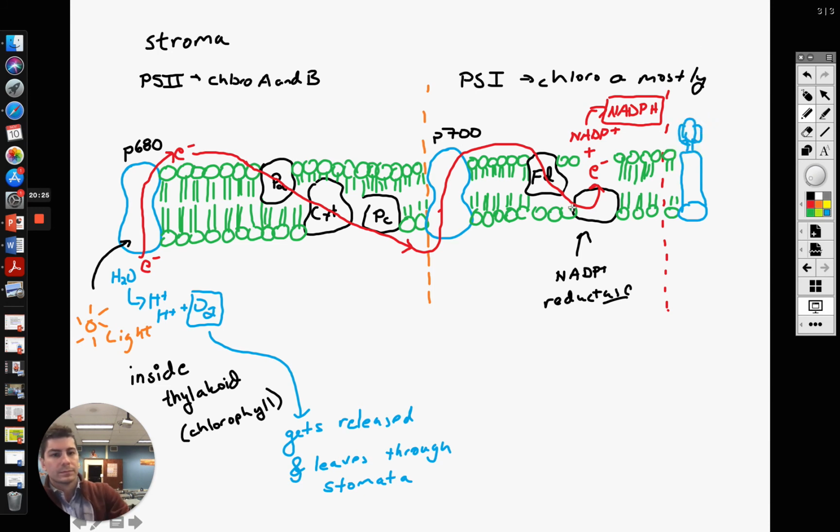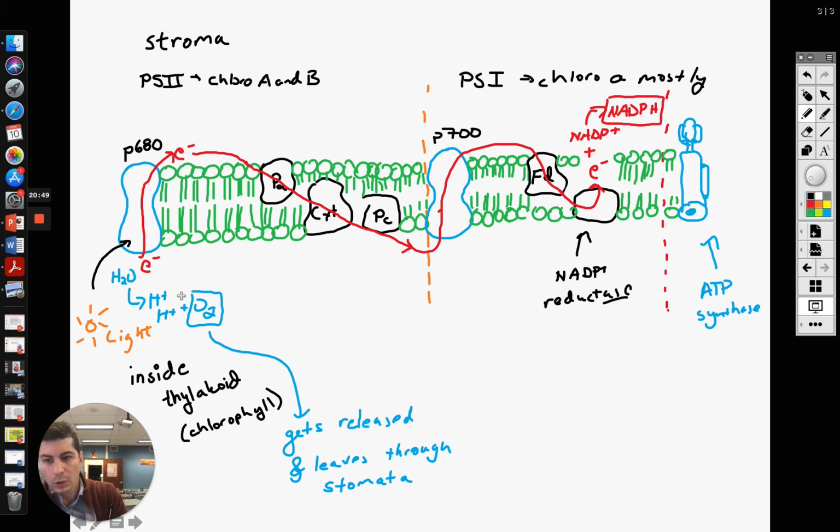So this right here is going to be ATP synthase. Now, it's not in photosystem number 1.